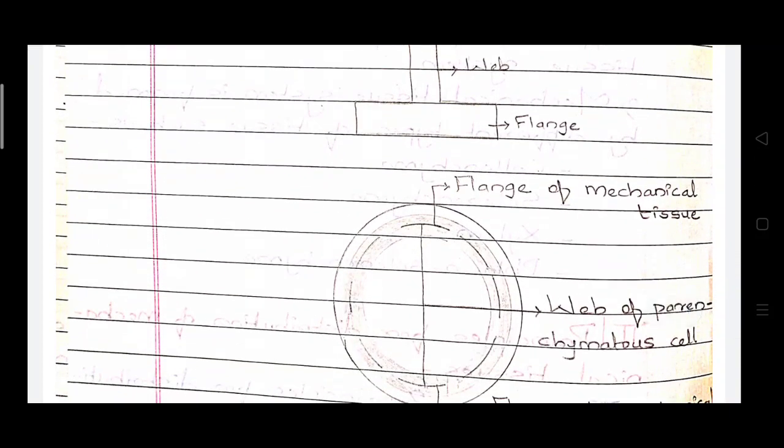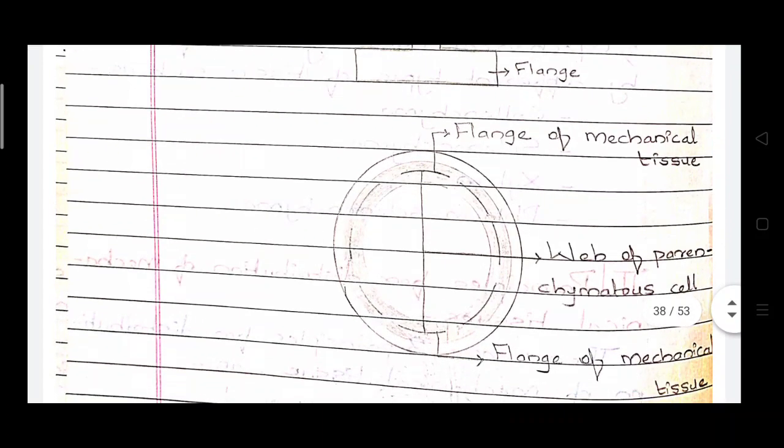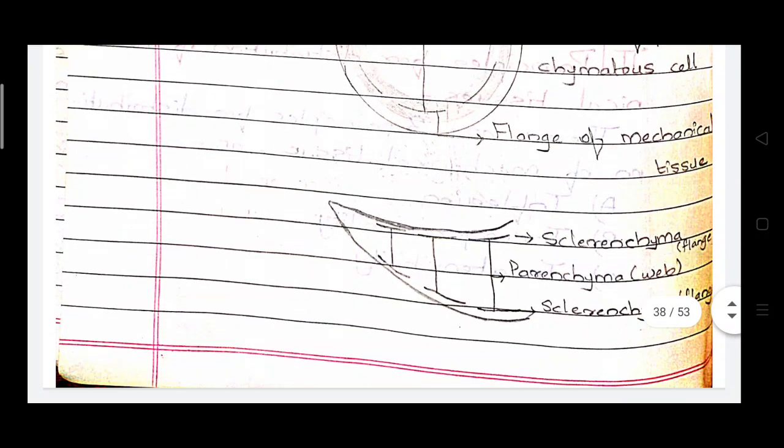If we take a section of that part, we see that in the middle the connectivity is made by parenchymatous cells, and on both sides there are mechanical tissues present as flanges. They provide the force to these parts, and this force is connected with the web made by the parenchymatous cells.